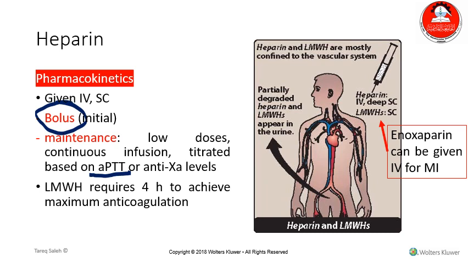The effect of heparin occurs within minutes of IV administration; unfractionated heparin is very fast in exerting its anticoagulant effect. The low molecular weight heparins usually require more time, around 4 hours, to achieve maximum anticoagulation after their subcutaneous administration.